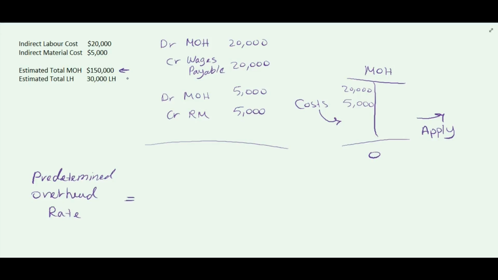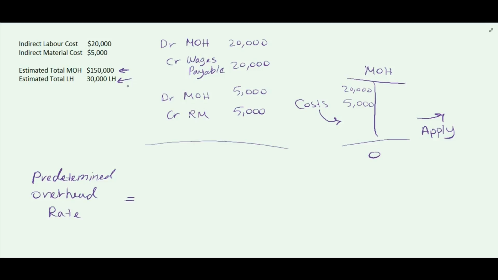They may choose different things, labor hour, machine hour, whatever they choose, they will give us the total number of labor hours or machine hours used. They have also estimated a total of 30,000 labor hours.